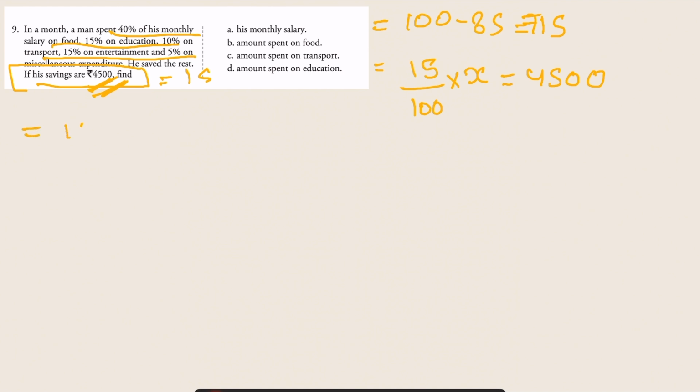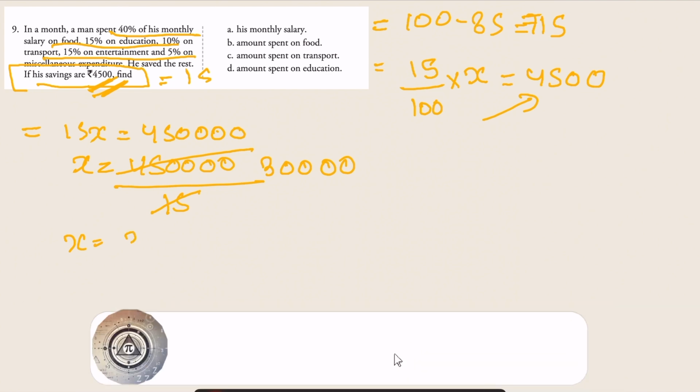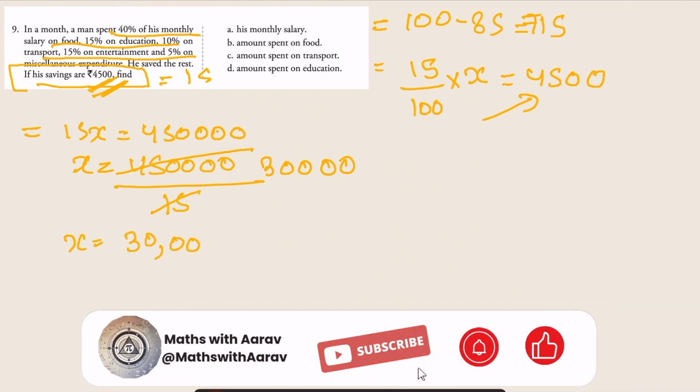So 15x will go and multiply: 4,500 into 100. 30,000 is his salary.